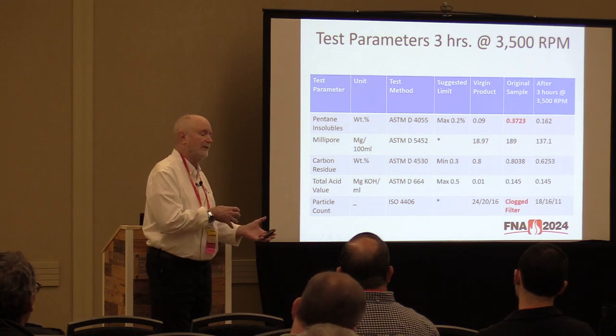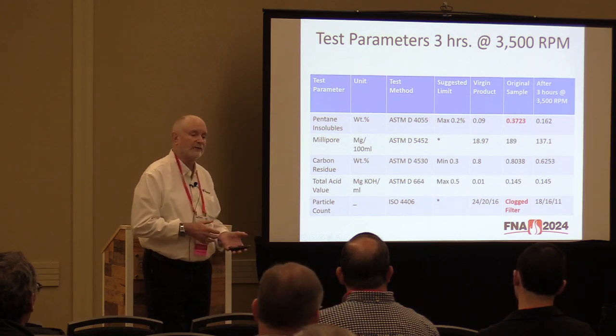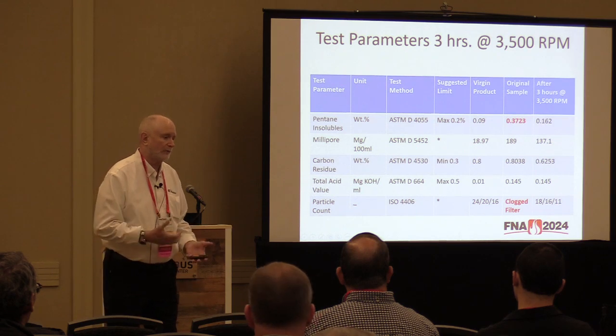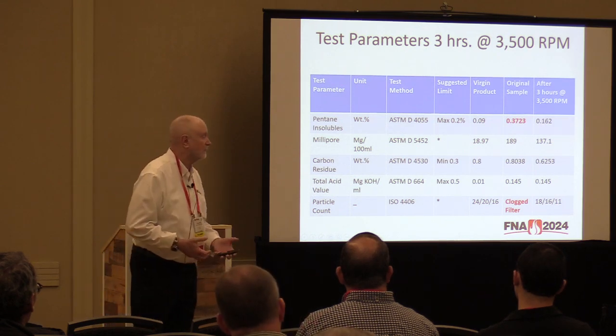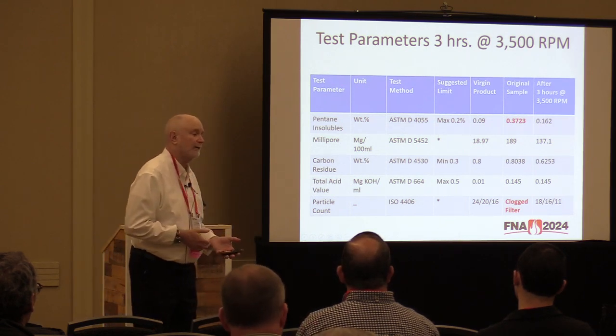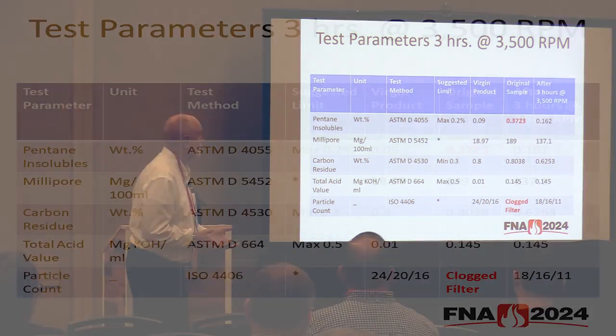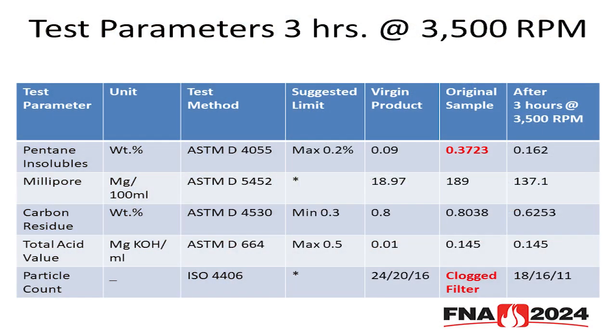So it's the number of particles in 100 milliliters of solution that are greater than 4 microns. The next one is 7 microns, and the third number is 14 microns. So by cleaning it up, we actually cleaned that oil better than the virgin oil. But we still had sludge in it.